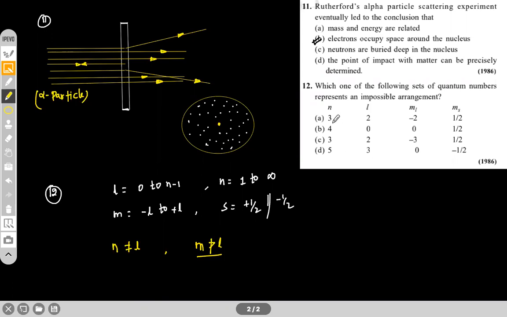For 3, 2, plus half: l is 0 to 2, so l is possible, and m from minus 2 to plus 2 is also possible. For 4, 0, 0, plus half, it is possible. For 3, 2, you see ml belongs to minus 2 to plus 2, so m cannot be greater than 2, or cannot be less than minus l. That is the true relation we have: not greater than l, not less than minus l.